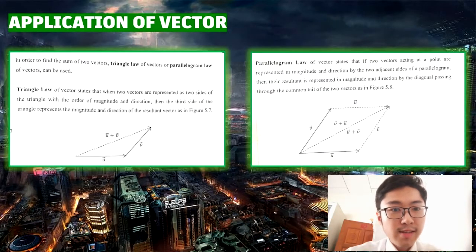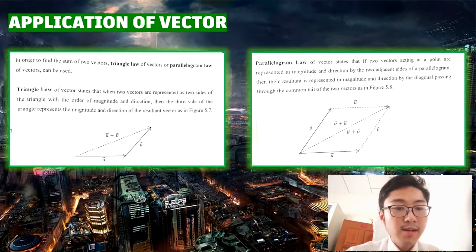In order to find the sum of two vectors, the triangle law of vectors or the parallelogram law of vectors can be used. The triangle law of vectors states that when two vectors are represented as two sides of a triangle in order of magnitude and direction, then the third side of the triangle represents the magnitude and direction of the resultant vector, as in figure 5.7.